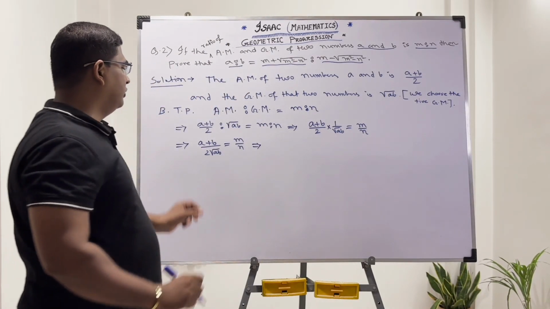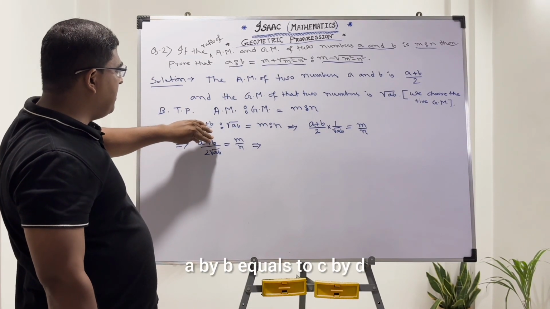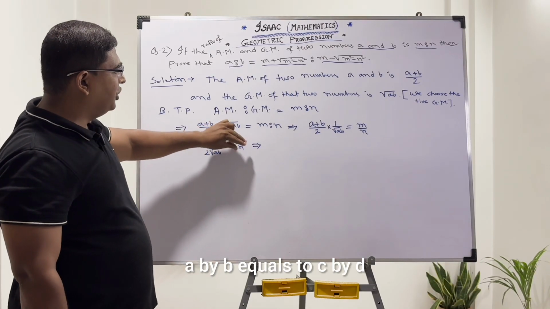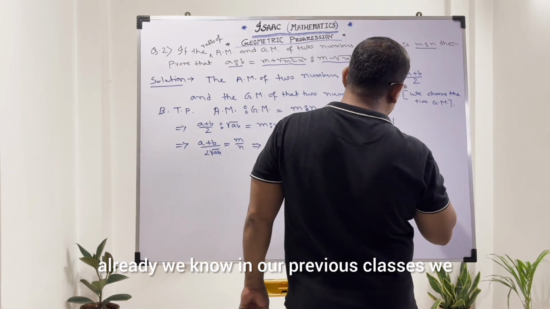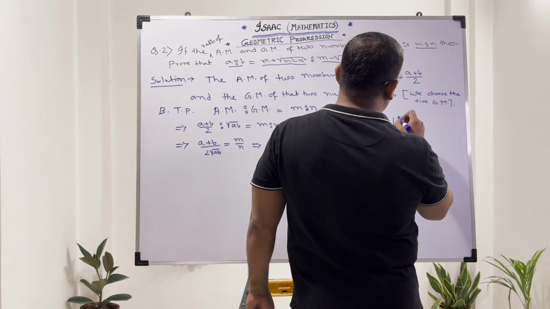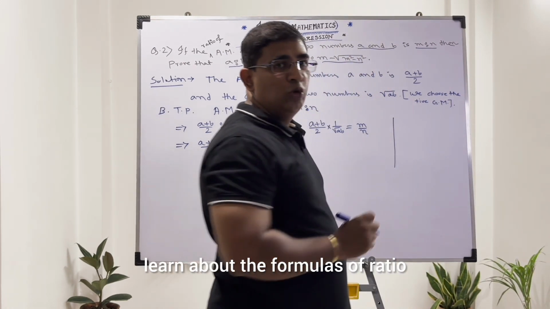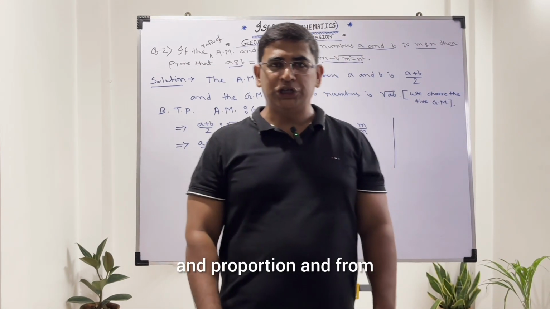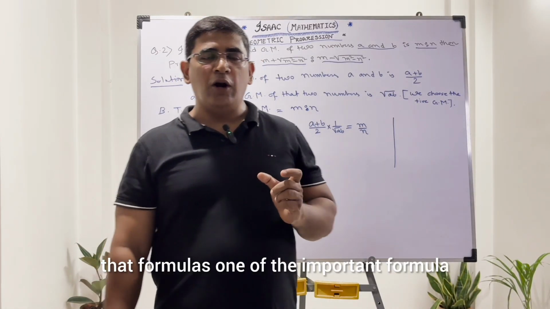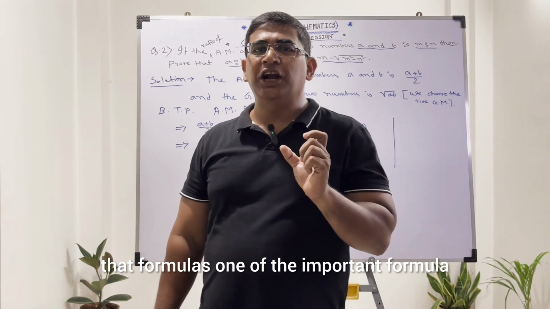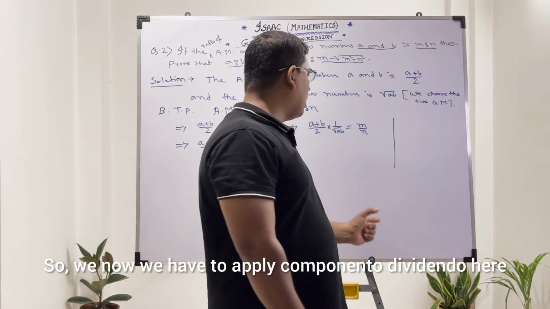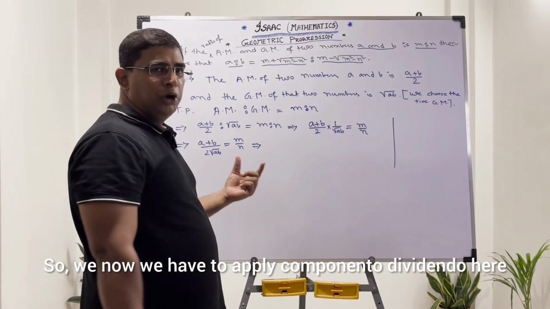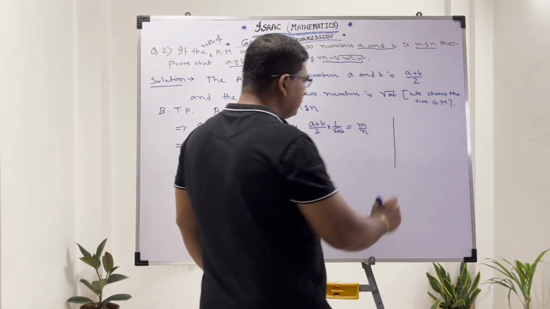Now this is like a by b equals to c by d. Already we know in our previous classes we learned about the formulas of ratio and proportion, and from that formulas one of the important formula is componendo dividendo. So now we have to apply componendo dividendo here.